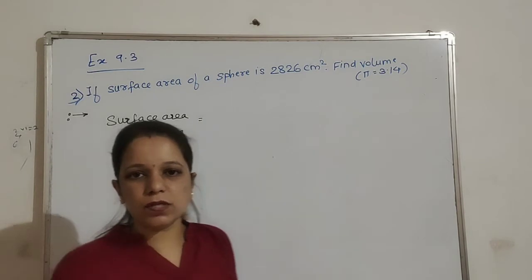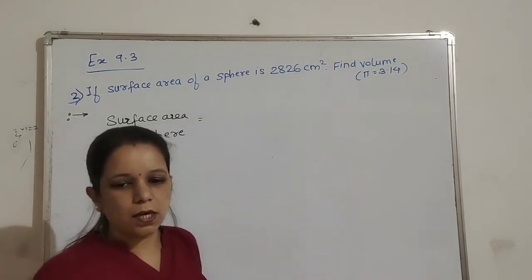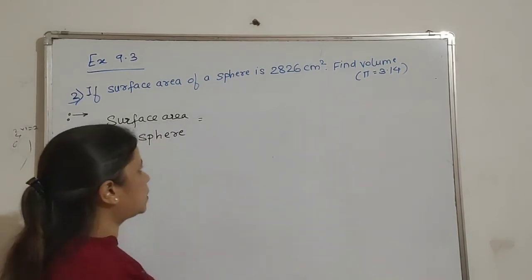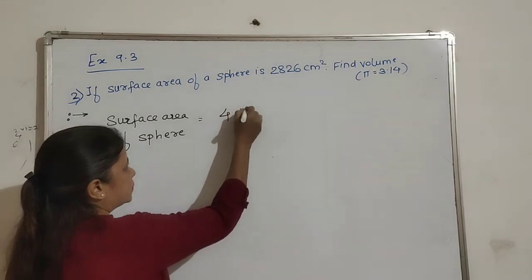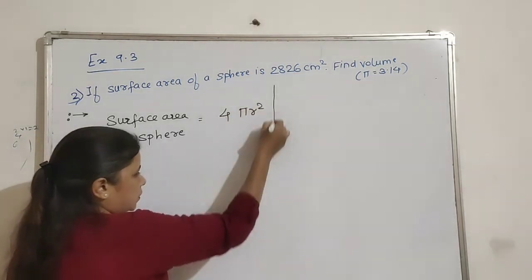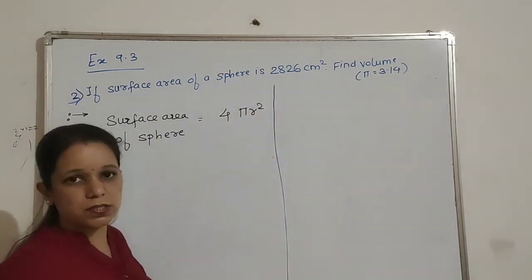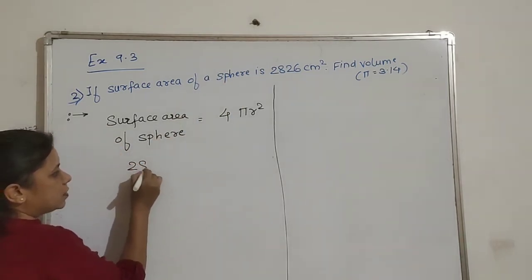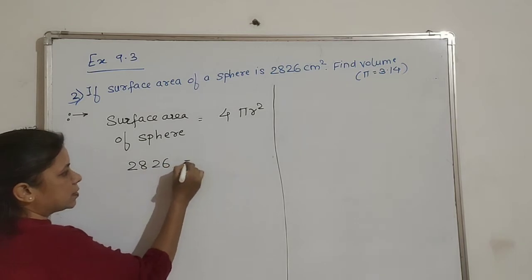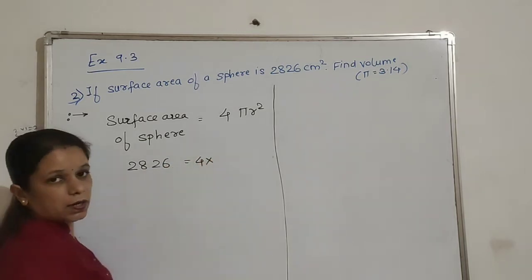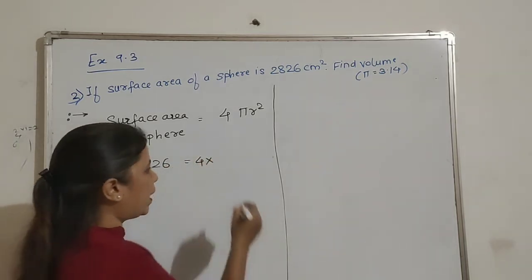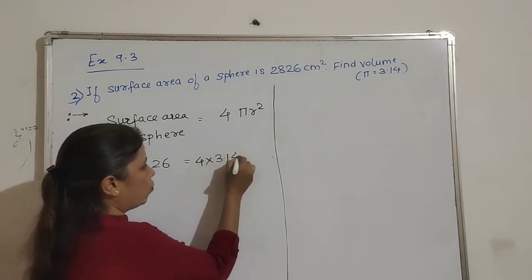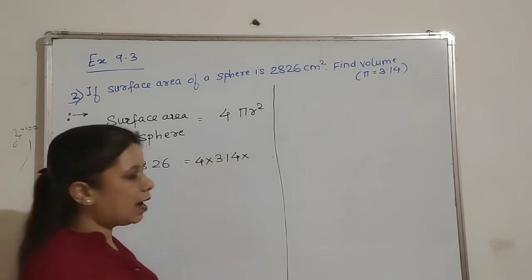The formula for surface area of sphere is 4 pi r square. I just make two sections. So now surface area of sphere is given as 2826 is equal to 4, the value of pi is 3.14 and r square.